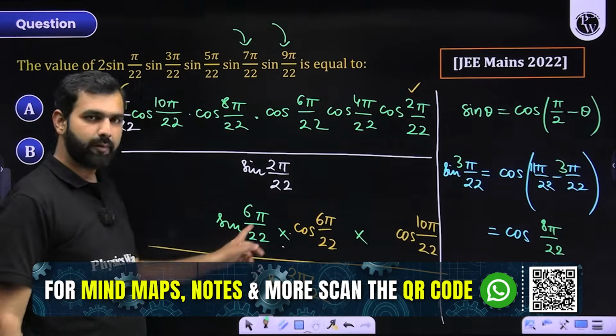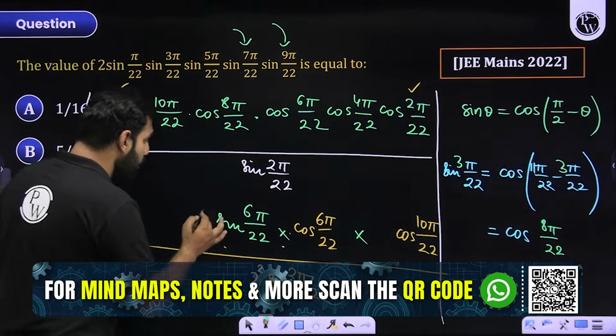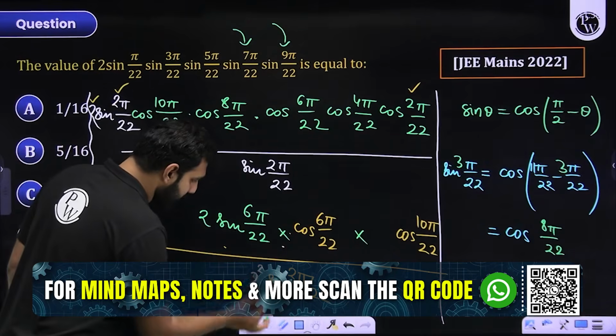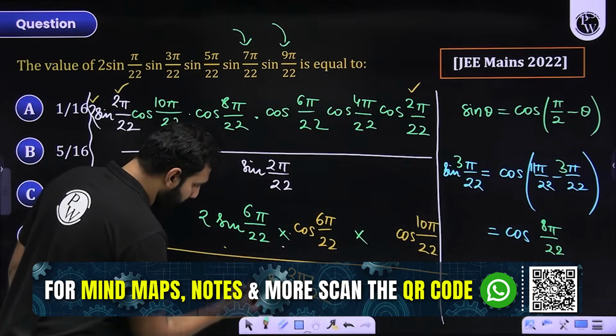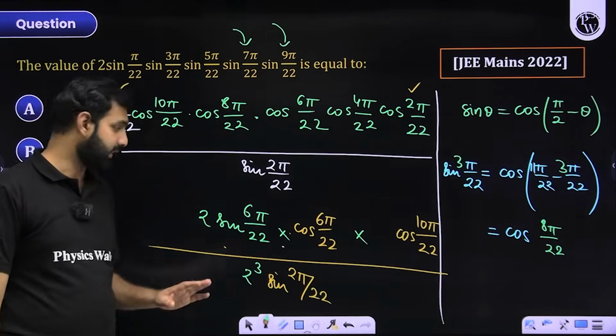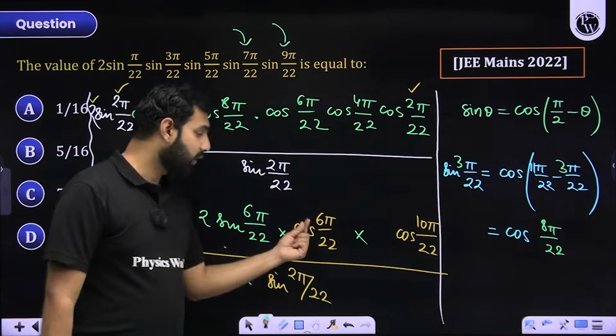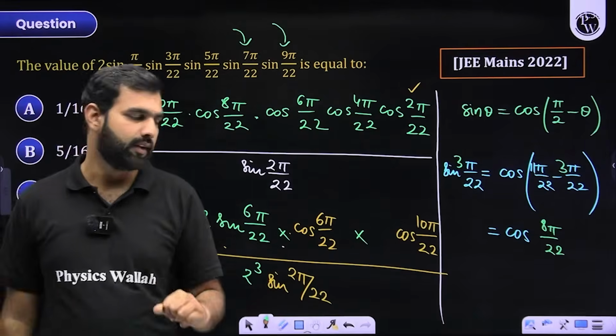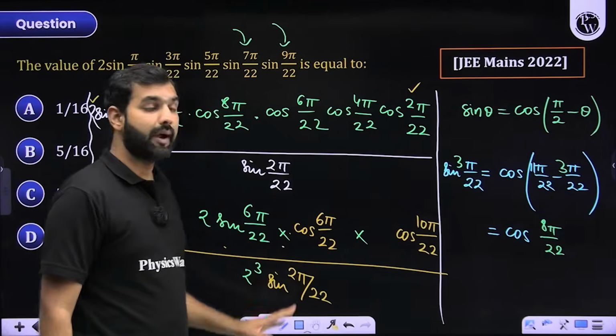So sine 6 pi by 22 cos 6 pi by 22, which I can write with a 2 here and another 2 here, so this should be 2 cube now. Can you not see here again 2 sine theta cos theta, which is again sine 2 theta, which is sine 12 pi by 22?